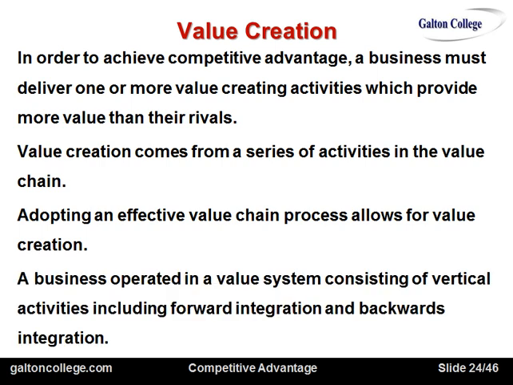A business operates in a value system consisting of vertical activities, including forward integration and backward integration. So a business generally operates in that sense. It's moving, let's say, from raw materials through to the final product.